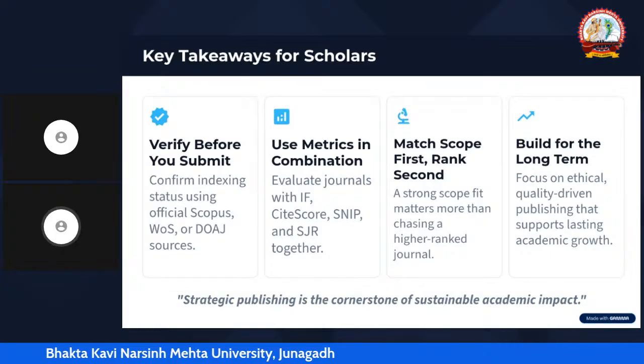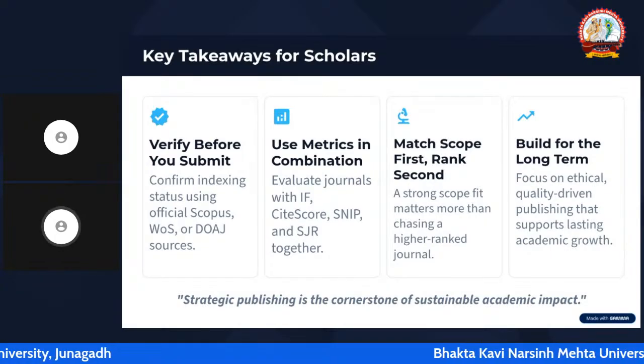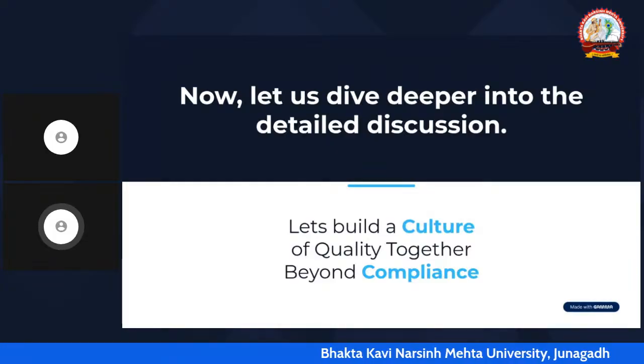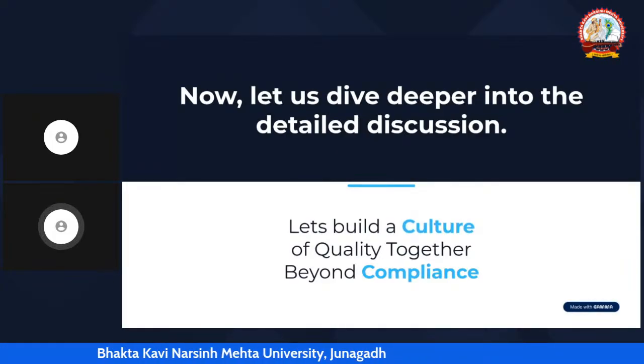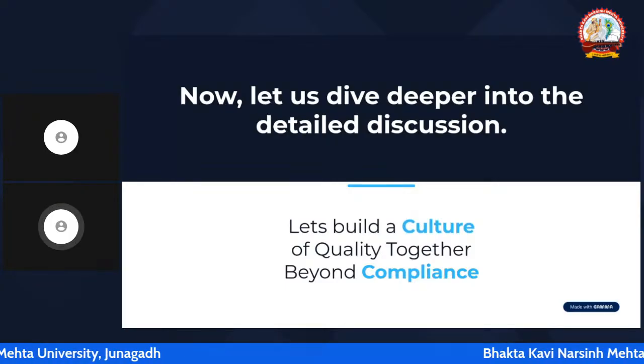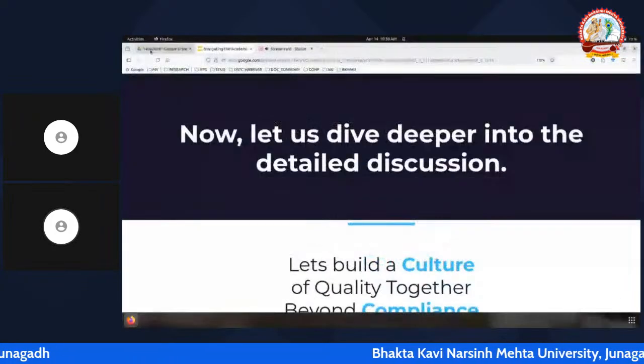We can match the scope and build for the long-term. So this is our journey for today's 1 hour in which we are discussing. Let us start the deep dive into the detailed discussion right now.